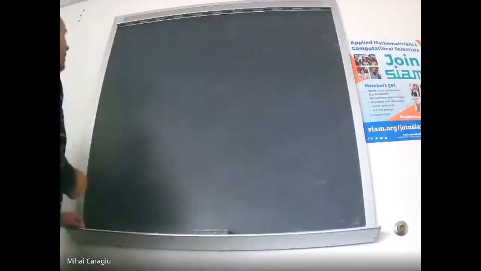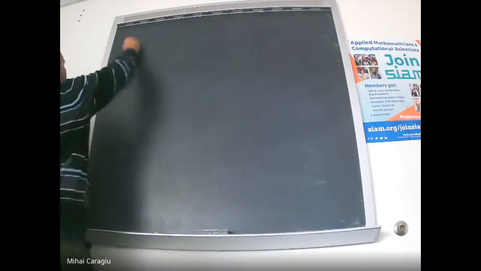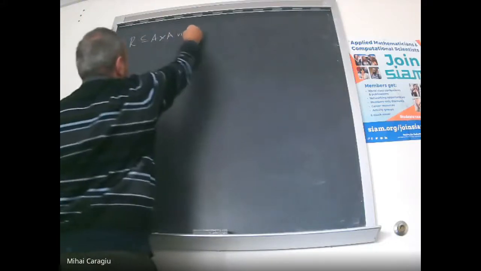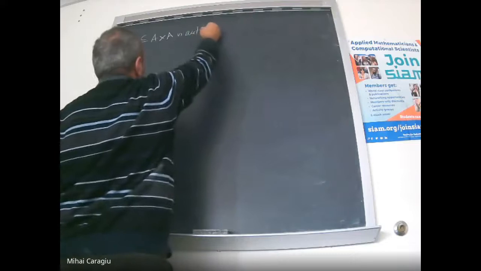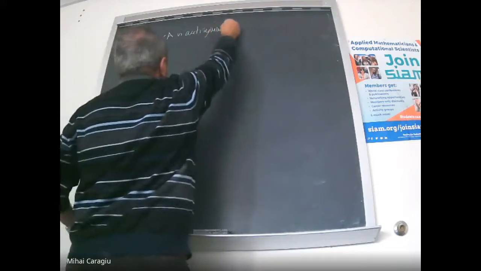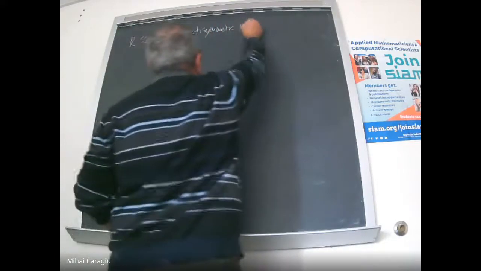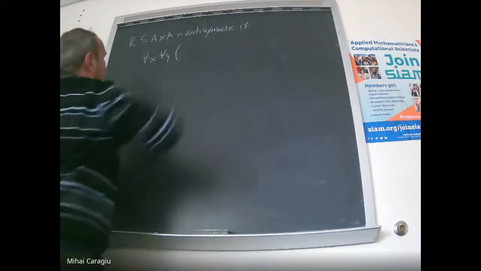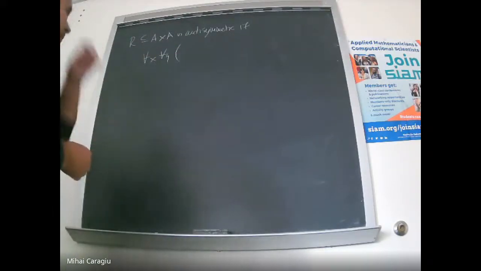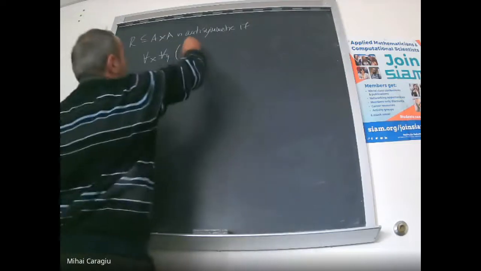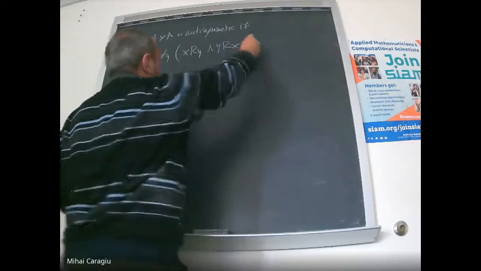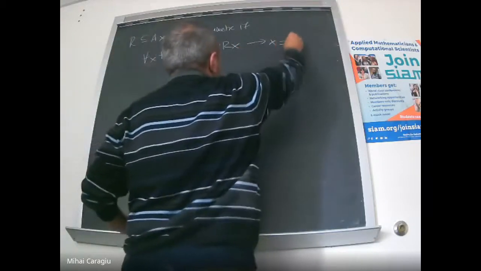Next, we'll go with antisymmetric. R, a subset of A cross A, is antisymmetric if for every x and every y, if x and y are pairwise related, so if x R y and y R x, then x equals y.